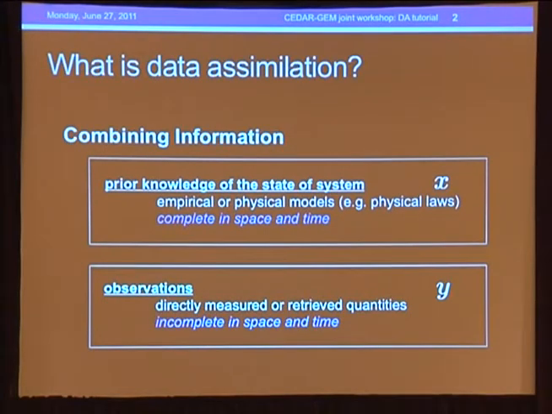On the other hand, the other source of information is observations. As you know, observations are sparse in time and space. By using the math behind it, we could combine these two sources of information to get complete information about the system. And hopefully we could do it optimally, and I'm going to talk about how you could do it optimally.